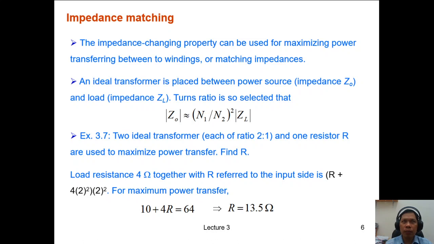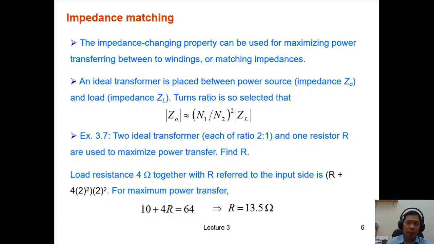In order to maximize the power transfer from the source to the load impedance ZL, we should have a matching situation, meaning ZL would have the same magnitude as Z0.